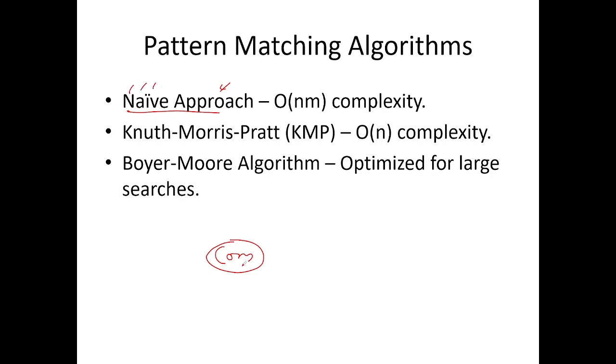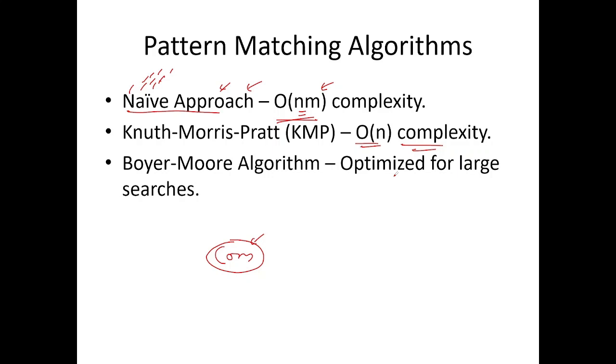If this is not the required answer, you go for the next one, compare this, and then this. In this way you go on comparing. This is the naive approach, and the complexity is big O of n into m. You will learn in the class why it is n into m. And there is another algorithm, Knuth-Morris-Pratt, which has big O of n complexity.